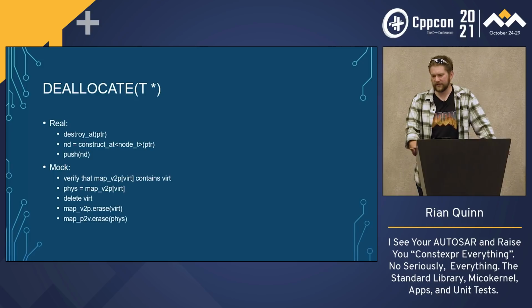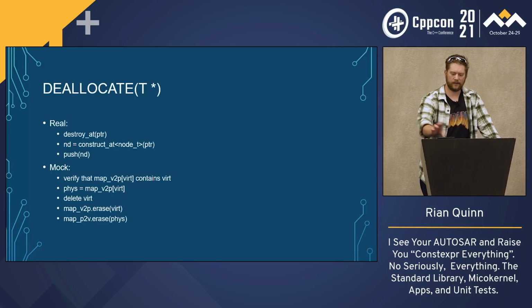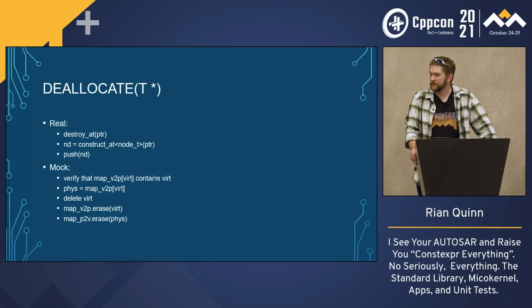Deallocate, well, this is not exactly the opposite. This is going to first check to see if my map contains the virtual address I'm trying to deallocate. This enforces the rule that you can only deallocate memory you've allocated with the allocator, which is awesome, right?